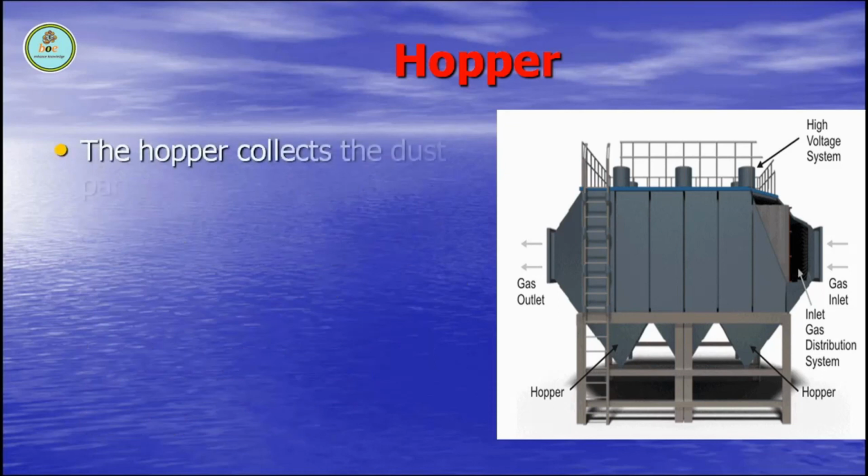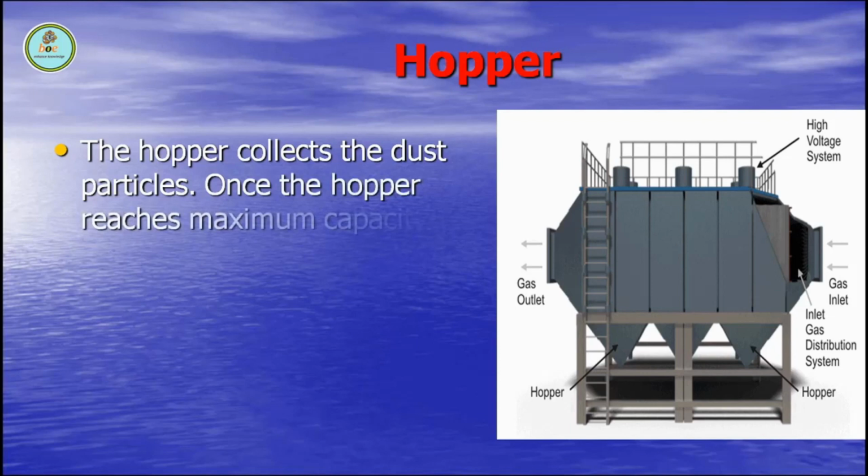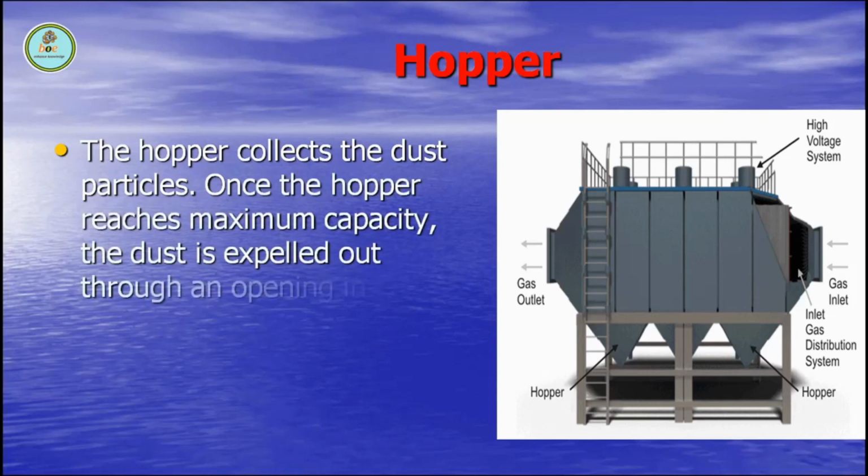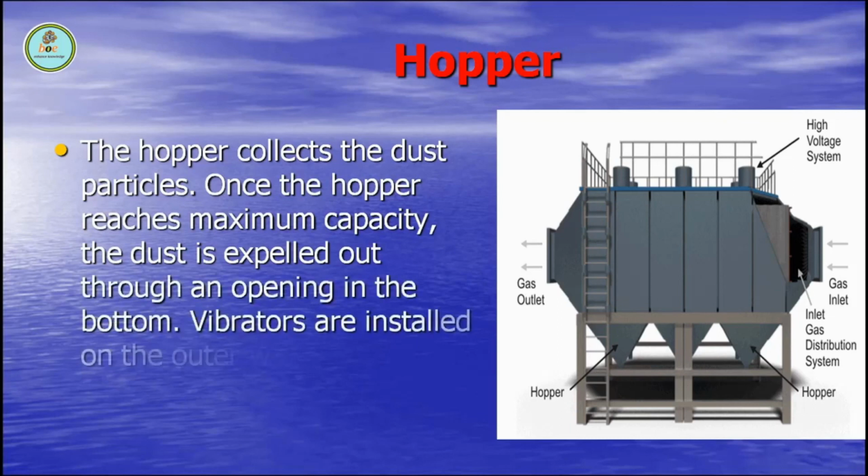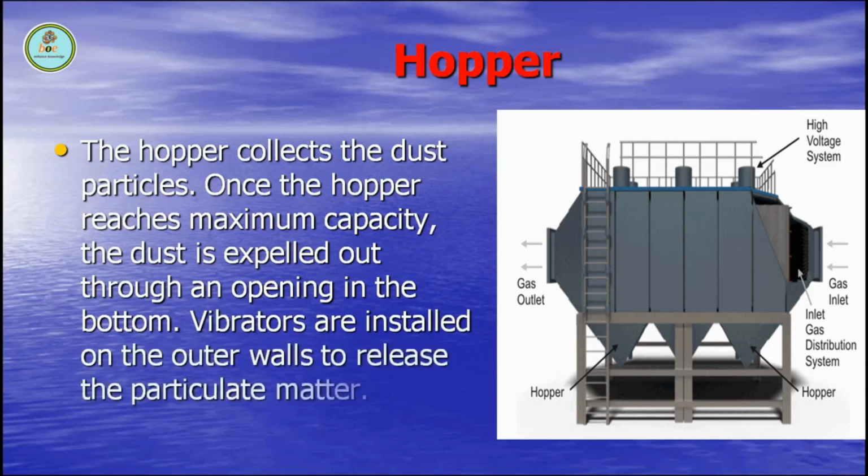The hopper collects the dust particles. Once the hopper reaches maximum capacity, the dust is expelled out through an opening in the bottom. A vibrator is installed on the outer wall to release the particulate matter.